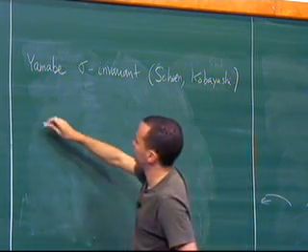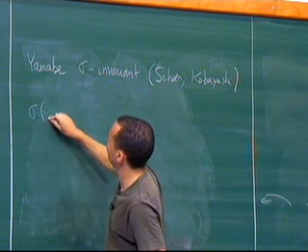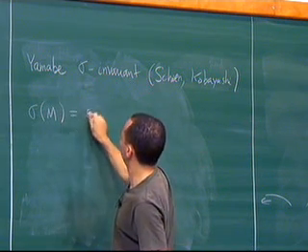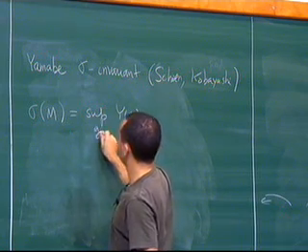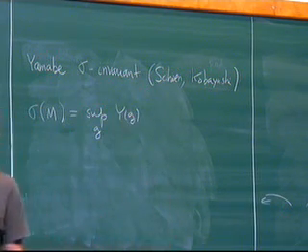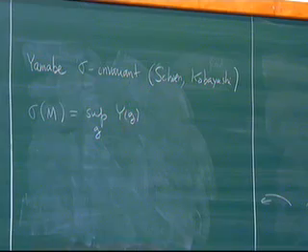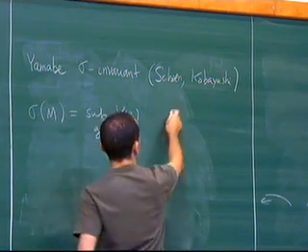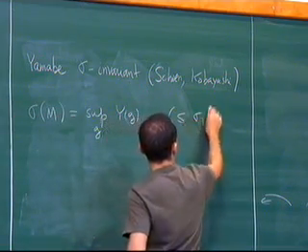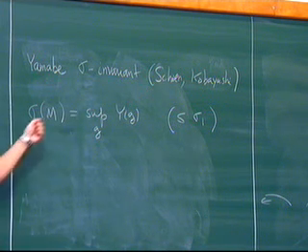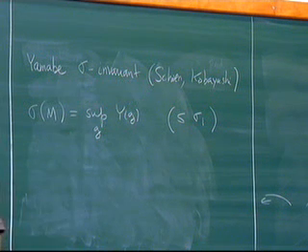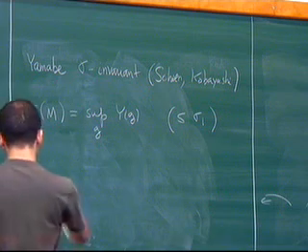What you do is define sigma of M to be the sup of all the Yamabe constants over all Riemannian metrics on M. Since they are all bounded from above by sigma 1, this is always bounded above by sigma 1. And the problem is to compute that for given topologies. So this now is a topological invariant.